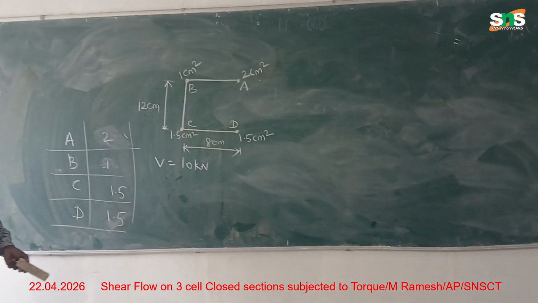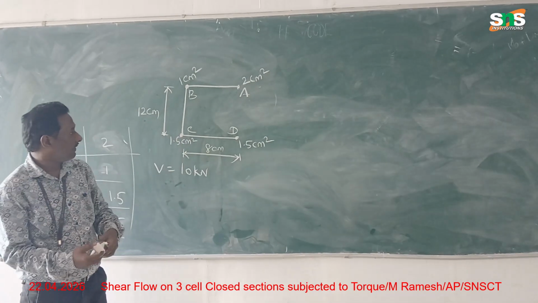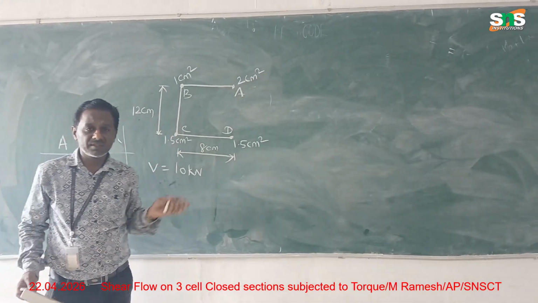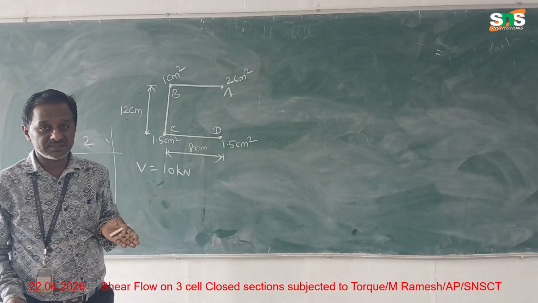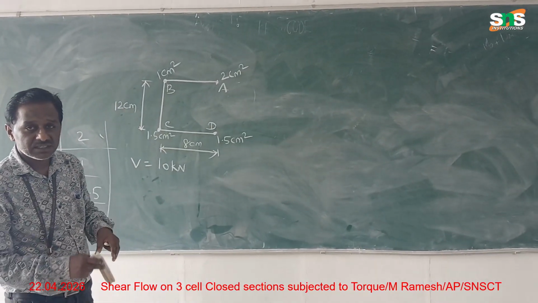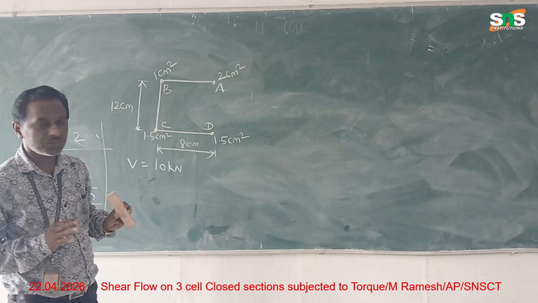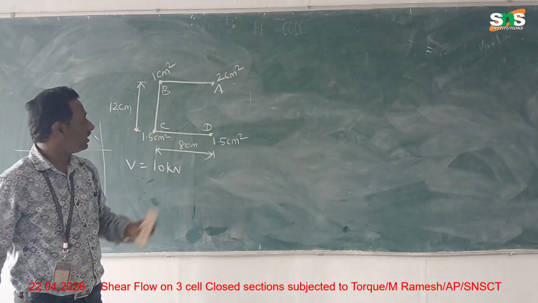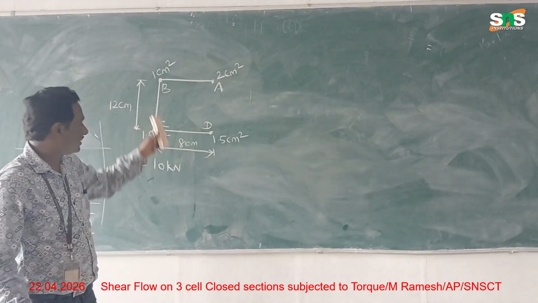By looking at this, we have to identify whether it is a symmetrical section or an unsymmetrical section. Definitely it is symmetrical with respect to the given geometry, the given cross section.